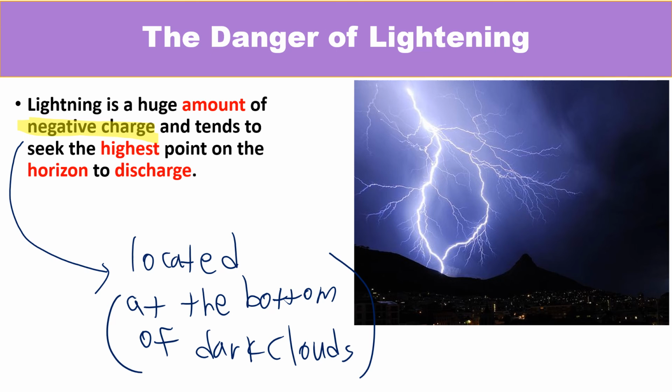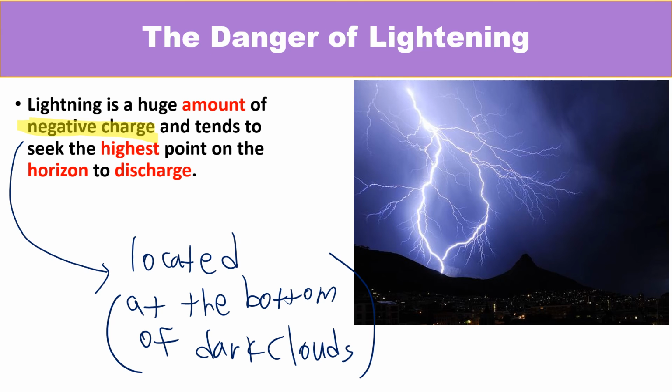In any case, it's a huge amount of negative charge that is gathered in the clouds because of interaction between air molecules and water molecules that are inside, and they tend to seek the highest point of the horizon to discharge. I also like to put one thing over here.